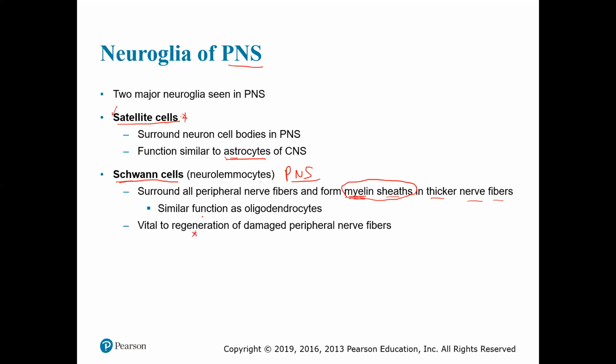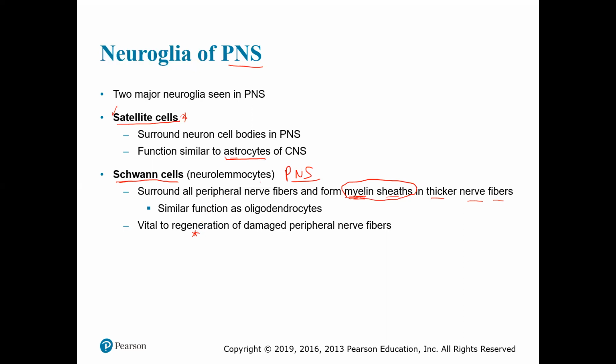Like if a nerve, well, a nerve is many neurons and axons. But if an axon is injured or kind of torn, the Schwann cells will surround it and try to not regrow, but make the conduction work again.